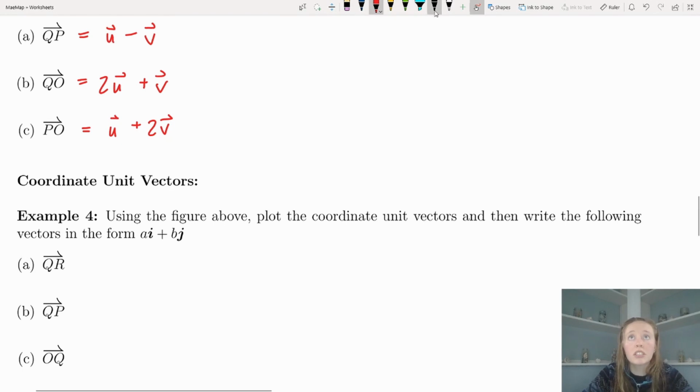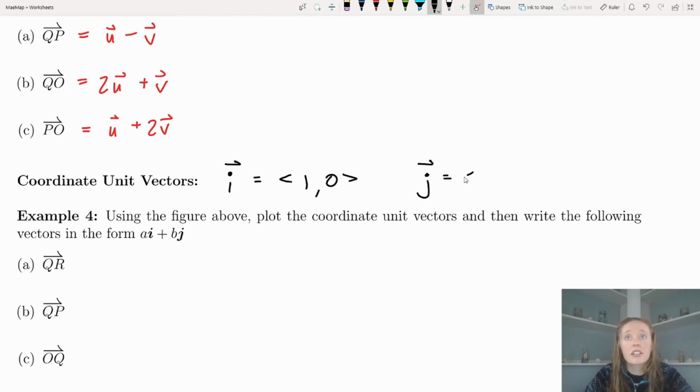Now, an alternative way of writing vectors is to write them as multiples or scalars of a coordinate unit vector. And a coordinate unit vector: vector i is 1, 0, so that x direction taken into account, and vector j is that y direction taken into account, 0, 1.